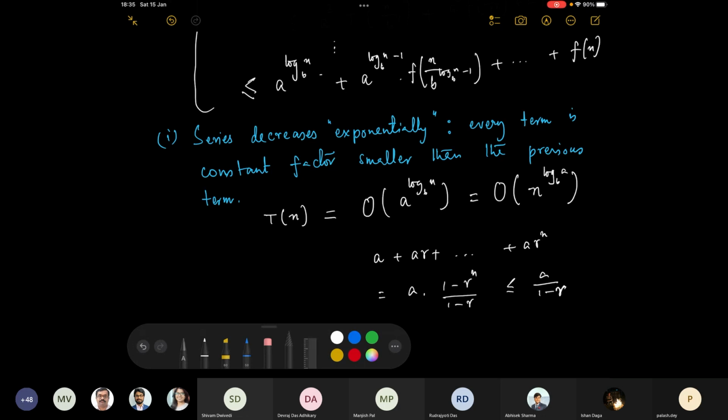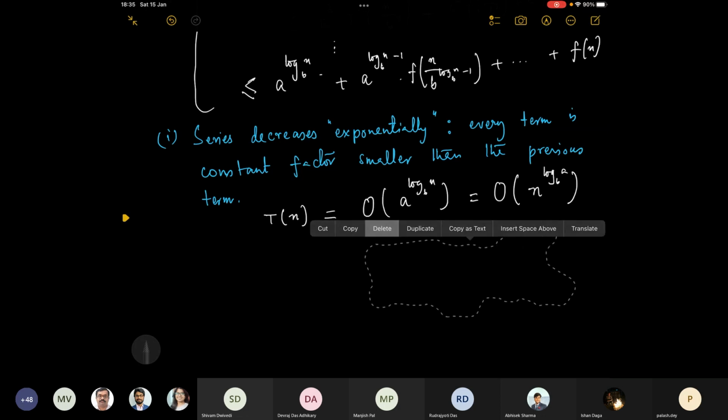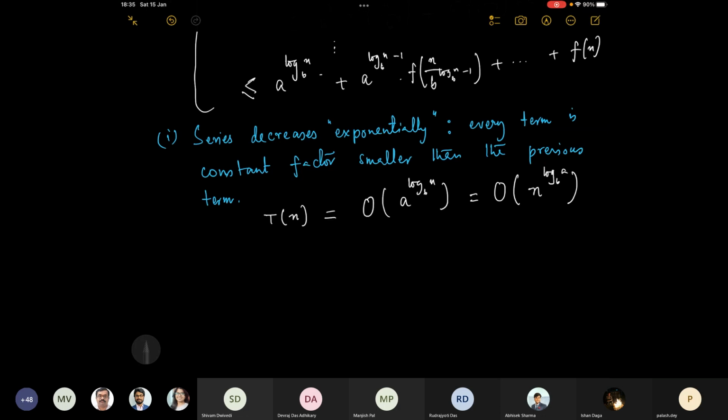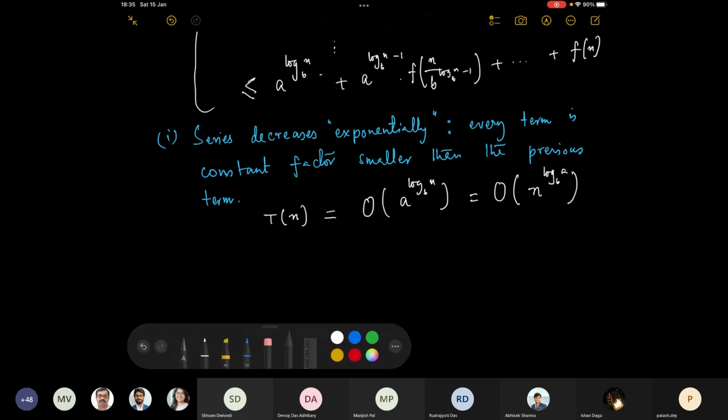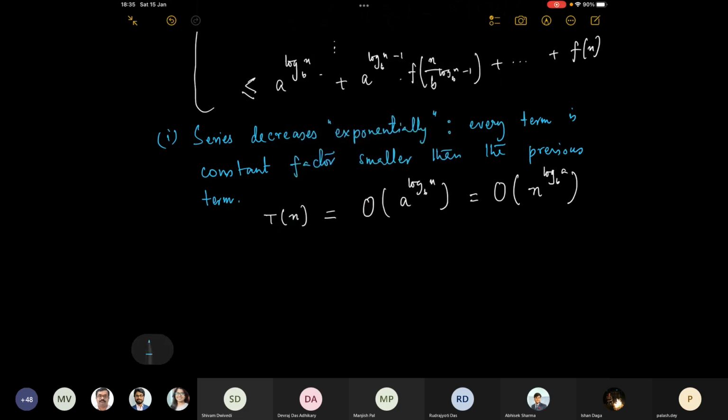Yes, I got it. The sum of any geometric progression is big O of the maximum term. Apply the same thing for the second easy case, when the series increases exponentially.